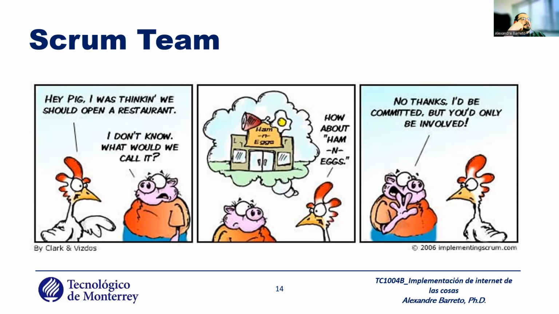And the chicken said, "How about ham and eggs?" And the pig answered, "No thanks. I'd be committed, but you are only involved." What it means is that the pig needs to give its body to produce the meat, the food, and the chicken only produces eggs. The chicken is involved, but the pig needs to give its body, give itself.